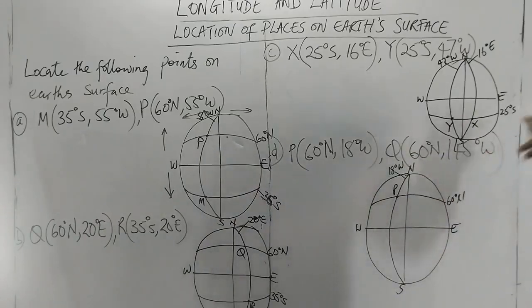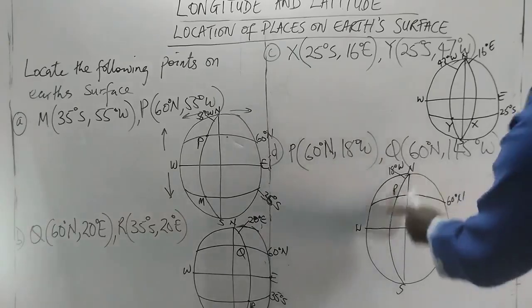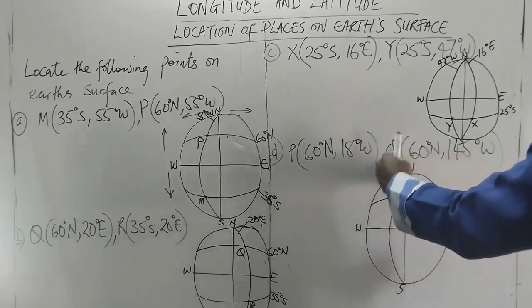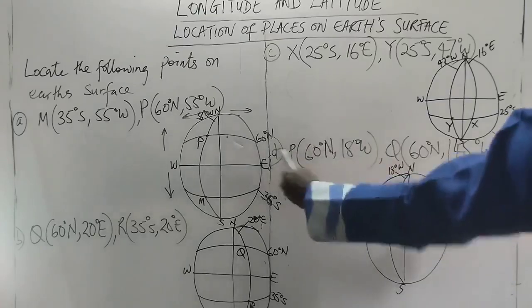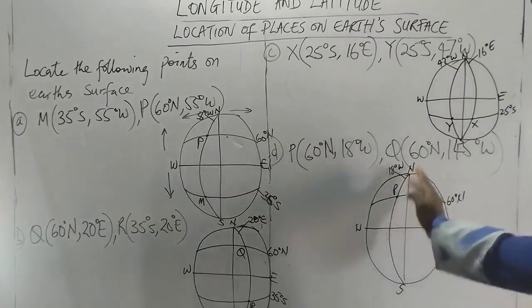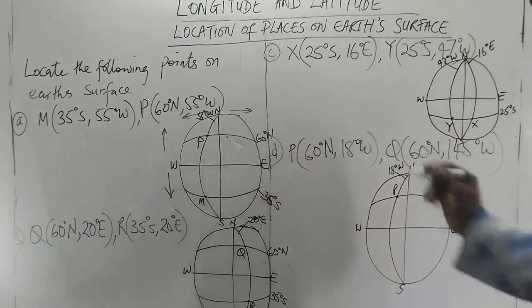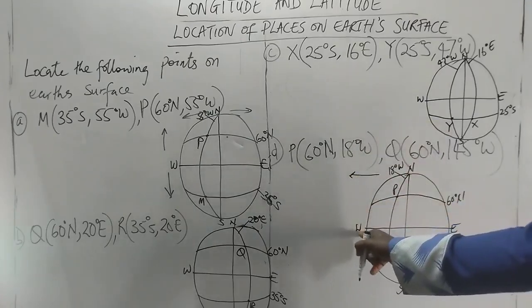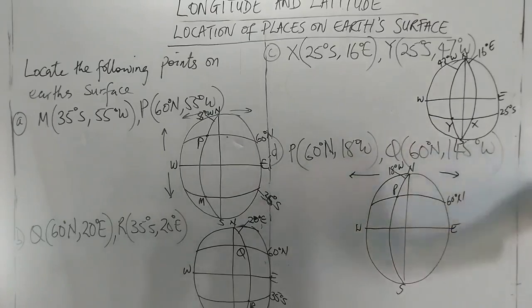145 degrees west. So now you discover that we have drawn 18 before, but this is 145. So 145 should be further away from 18, going towards the west. Remember I said it starts from the prime meridian 0, and if you are moving this way, it increases until you get to 180, or this way until you get to 180.